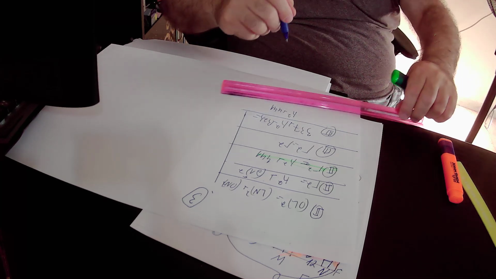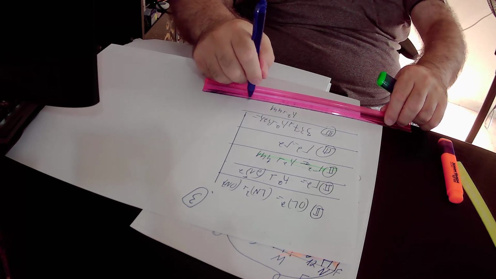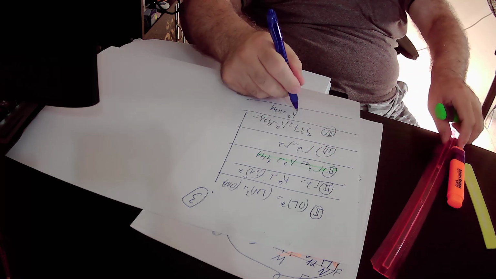So here you have H squared on both sides of the equation, so H squared will get cancelled.